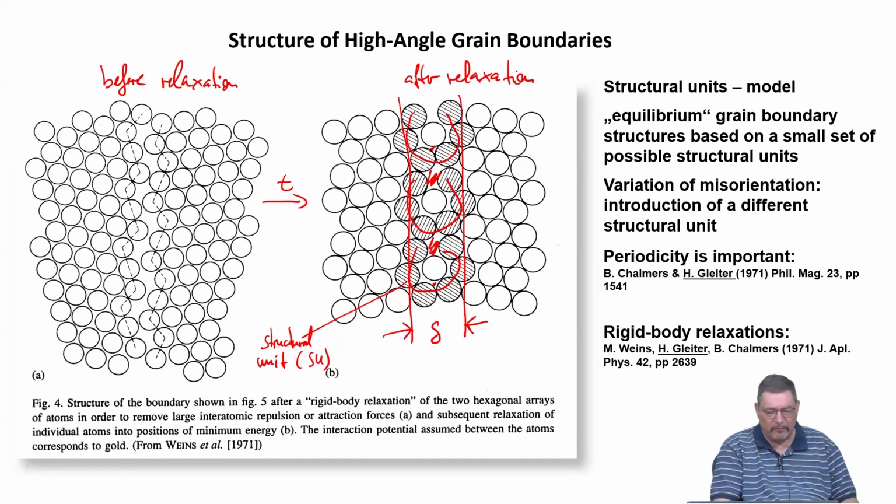What happens if we now take this picture, which is at a certain misorientation of the 2 grains, and we now change the misorientation to higher values? Is this structure able to adopt that change in misorientation?